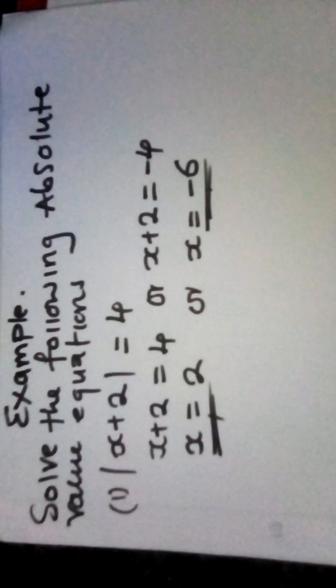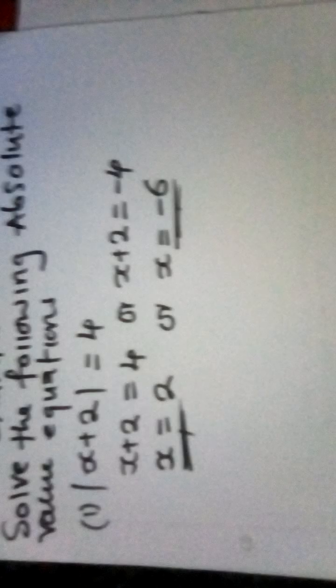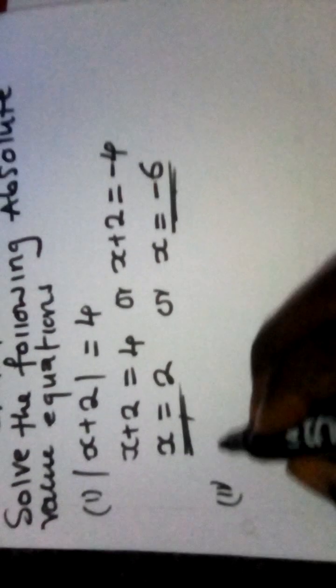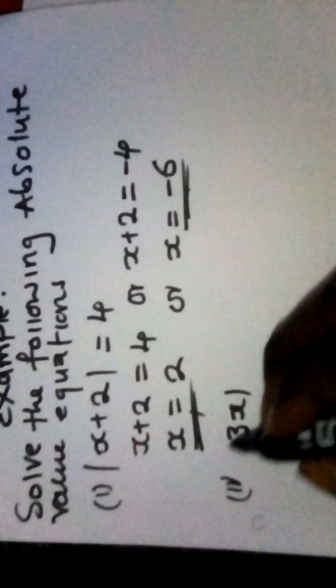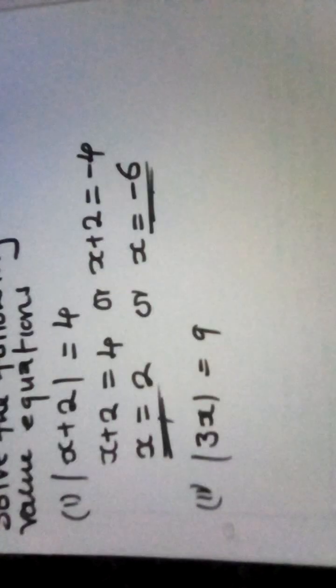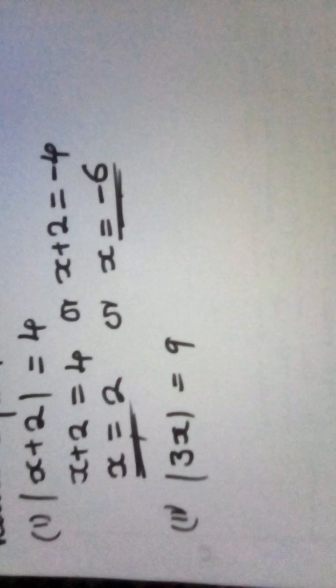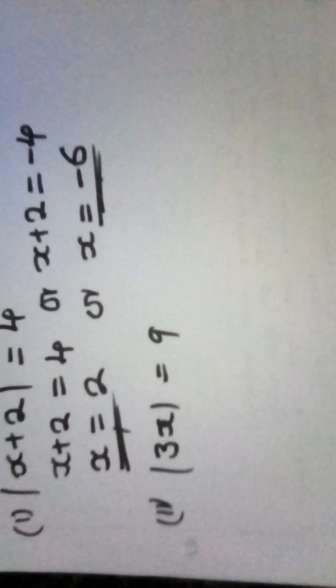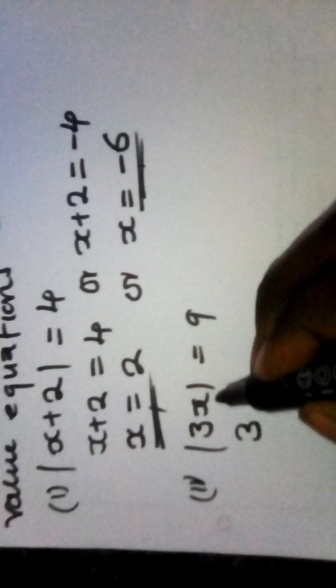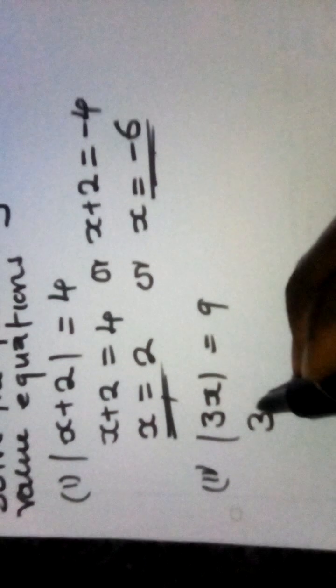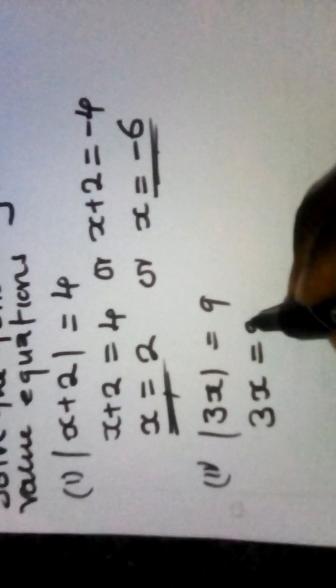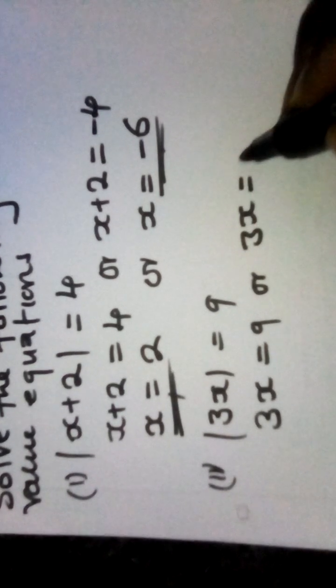Let us look at another example. Let's say we are given the absolute value of 3x is equal to 9. How do we simplify or work out this particular equation? The same concept applies. The first step is to remove the absolute value sign and say 3x is equal to 9, or 3x is equal to negative 9.